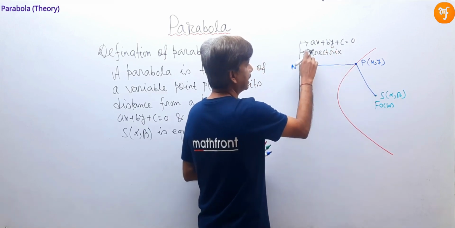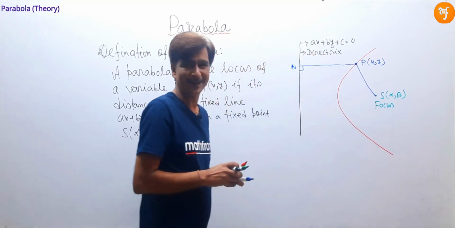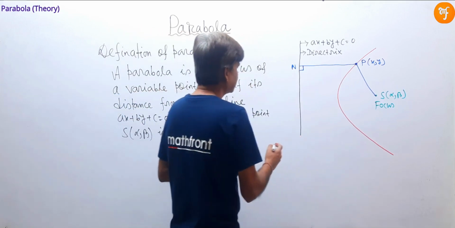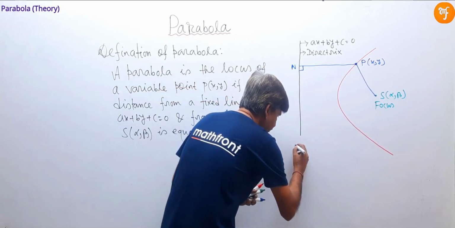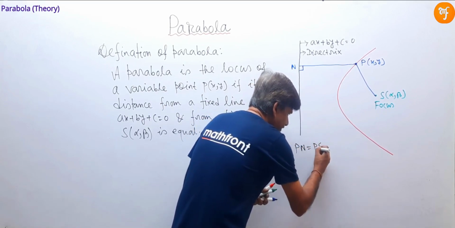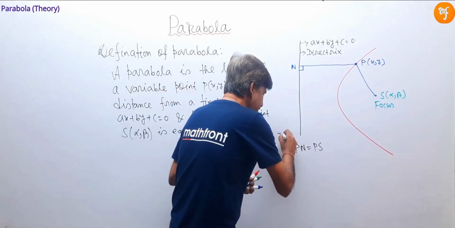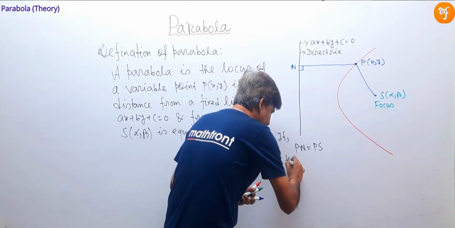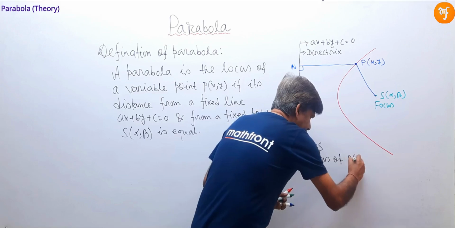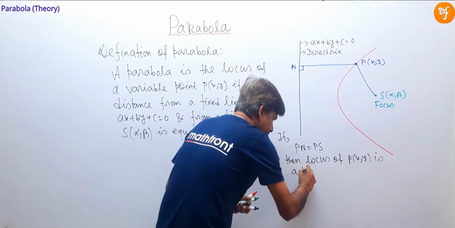Okay, so this is the directrix of the parabola and this is the focus of the parabola. Get it? Clear? So the condition is, you can write PN is equal to PS. Okay, clear? So if PN is equal to PS, then the locus of P, that is x comma y, is a parabola.